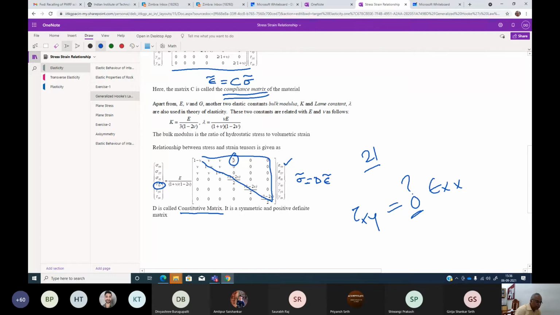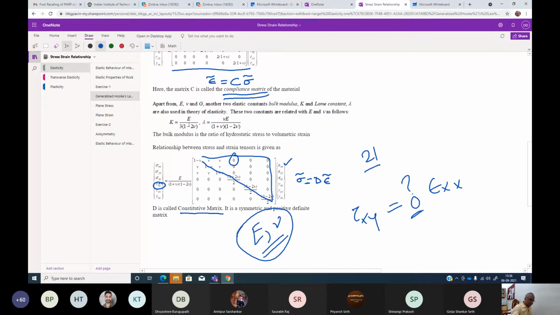Okay, and we are only using two parameters. One is E and one is mu. This is for isotropic. So this is what you need to know. Now, using E and mu, these two elastic properties, some other properties are derived. One is called bulk modulus, which is very important, and another is called Lamé constant.